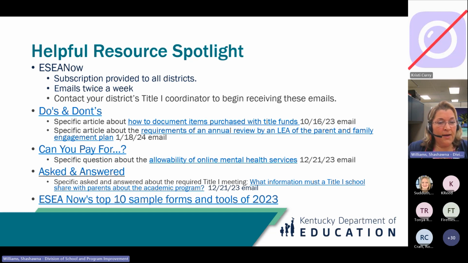Here I've highlighted a specific question about the allowability of online mental health services. I know a lot of schools are interested in things like that because of the shortage of different staff members. So if that's of interest to you, be sure to read that article.